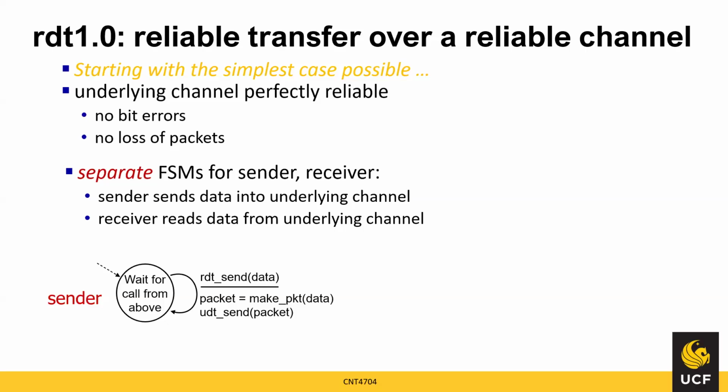And the receiver FSM just waits for a packet to arrive and delivers it up. So the receiver is also in a state, waiting for a call from below. The protocol on the sender or the receiver is very straightforward.